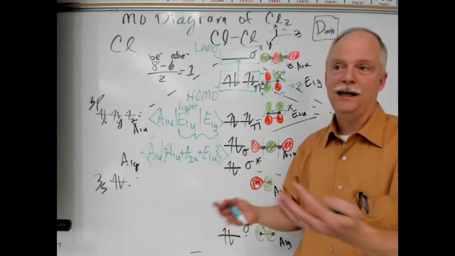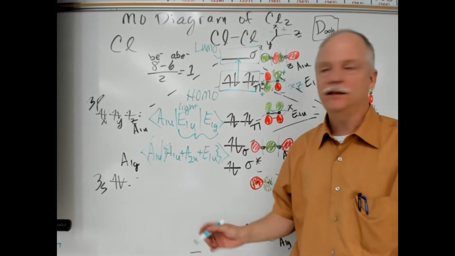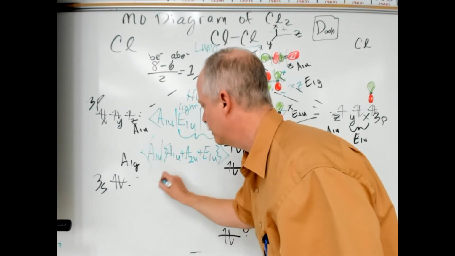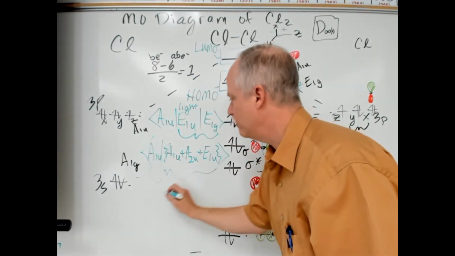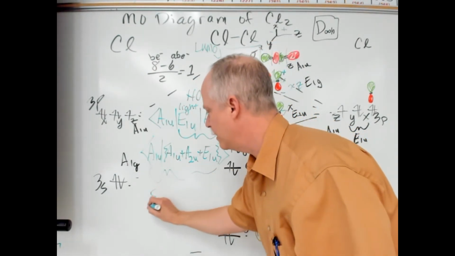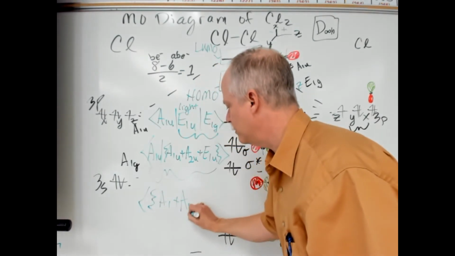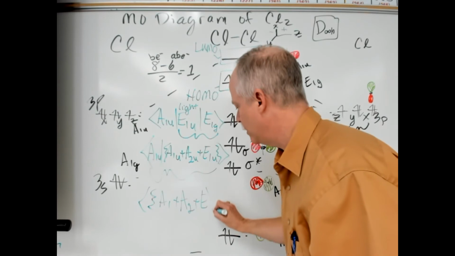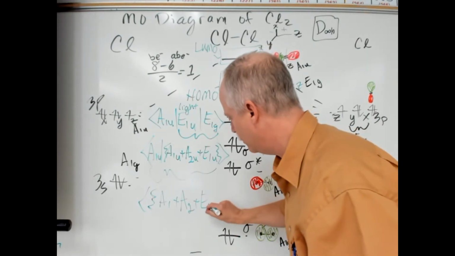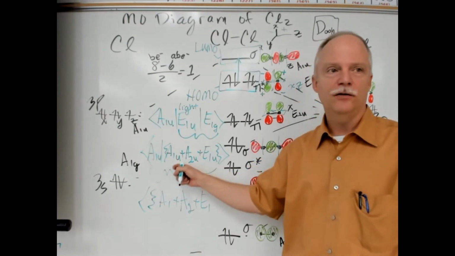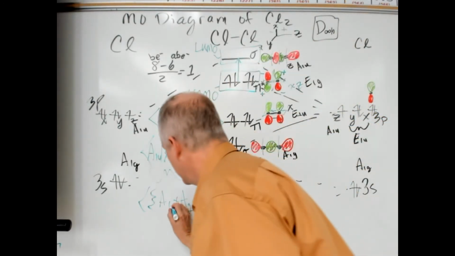A1 times anything gives that thing back. So this is going to give an A1, an A2, and an E1. So I multiply by all of these, and I get this set inside my integral of A1 plus A2 plus E1. And so what GU symmetry do I have? I have U's times U's. These are all G's.